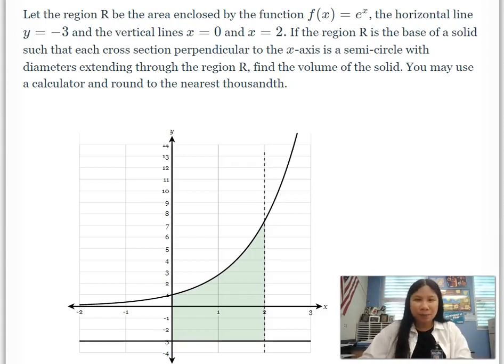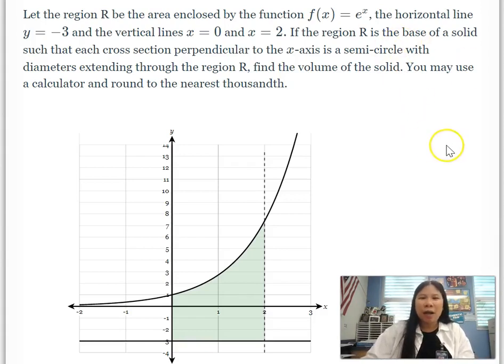So here's my example. In this problem, we're looking at the area between f of x equals e to the x, so that's this curve right here, and then we're going to bound it using y equals negative 3, this line right here, x equals 0, and x equals 2.